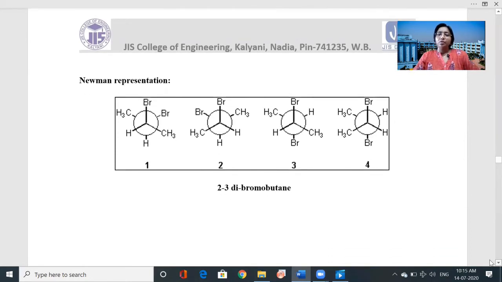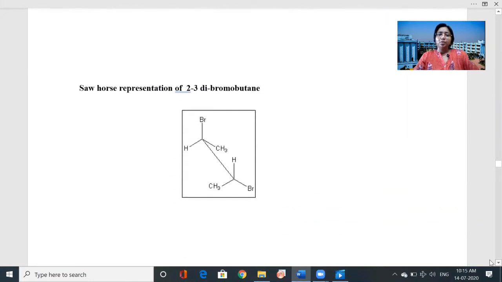After the Newman representation, we are talking about the Sawhorse representation of the same compound, 2,3-dibromobutane. It has similarity with the Newman representation. What is the only difference? From which side are we looking?